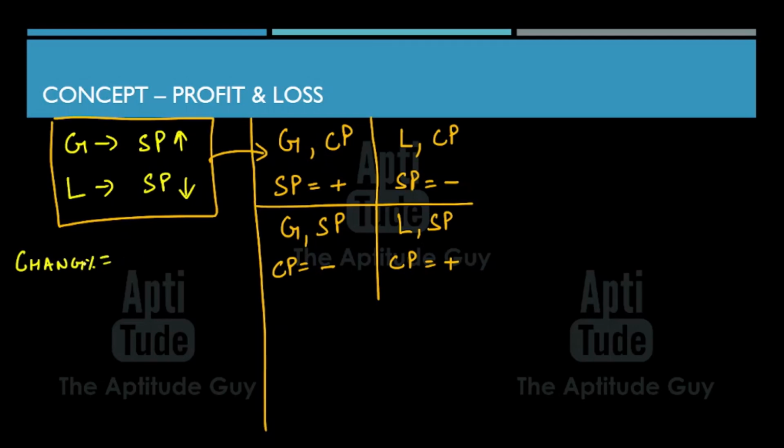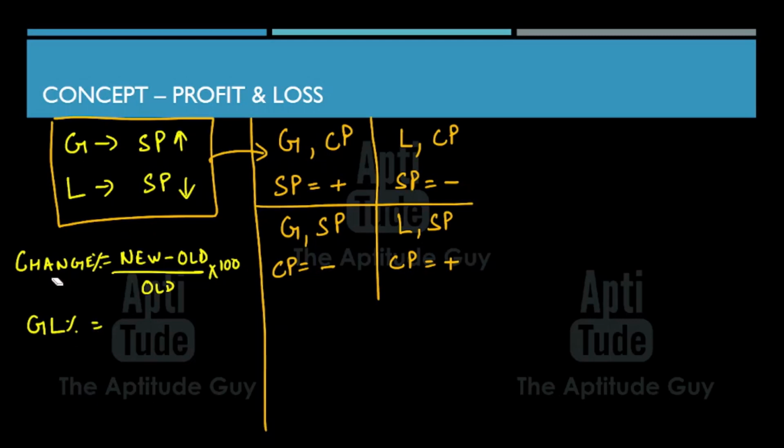Change percentage was nothing but new value minus the old value divided by old value into 100. This is change. Now, am I right when I say that profit or loss percentage is nothing but change percentage itself? Right? It is change percentage.